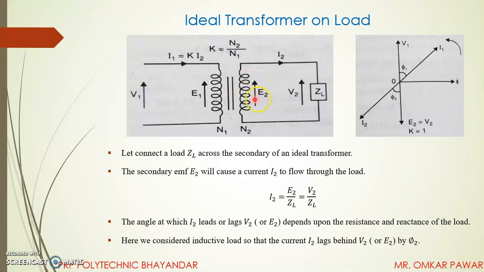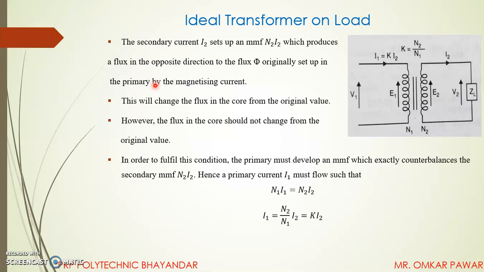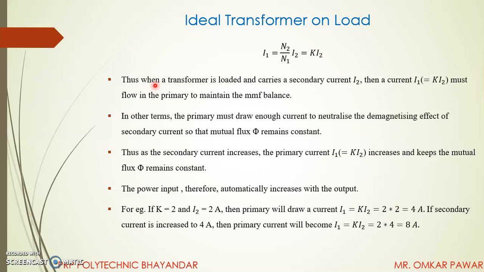So, to balance that secondary effect, the primary draws an extra current that will set up the constant flux in the transformer. Thus, when a transformer is loaded and carries a secondary current I2, a current I1 equal to K I2 must flow in the primary to maintain the MMF balance.